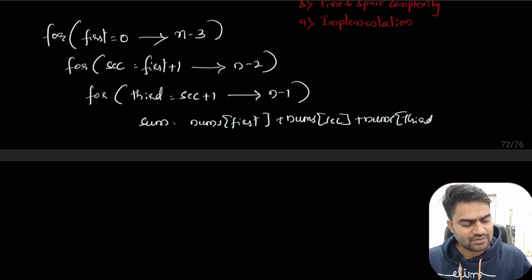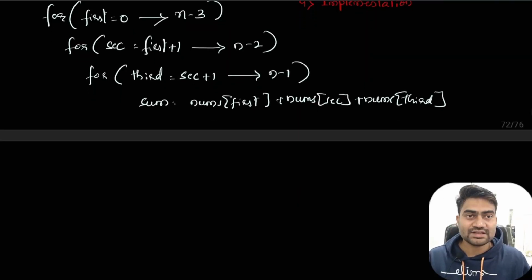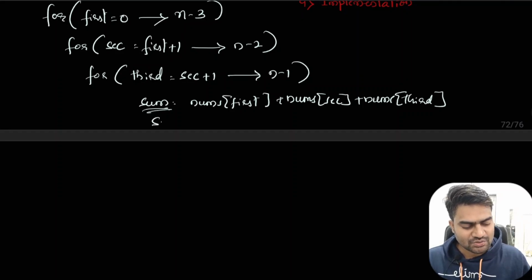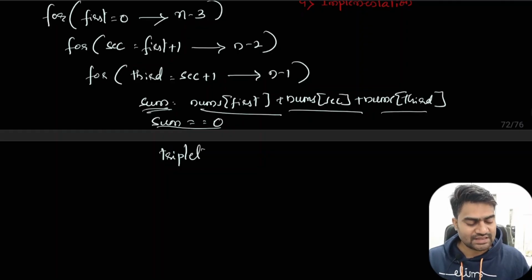Then I can check if my sum is equivalent to 0. Then if it is the case, I will add all these numbers to my triplet. We will see how we can do that in the code, but I will simply say triplet dot add of these values basically.